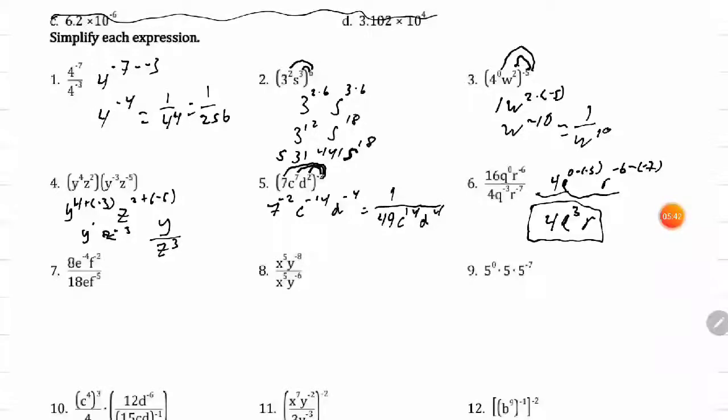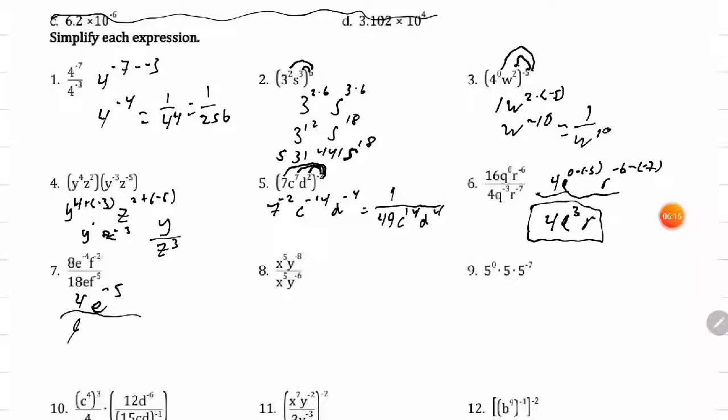All right. Next up, number 7. Let's see. So 8 over 18, if we just look at that as a fraction, that can be reduced. So I can divide both of them by 2 and get 4 over 9. So at the beginning, we have 4 on top, 9 on the bottom. So e to the negative 4 minus e to the first is e to the negative 5.